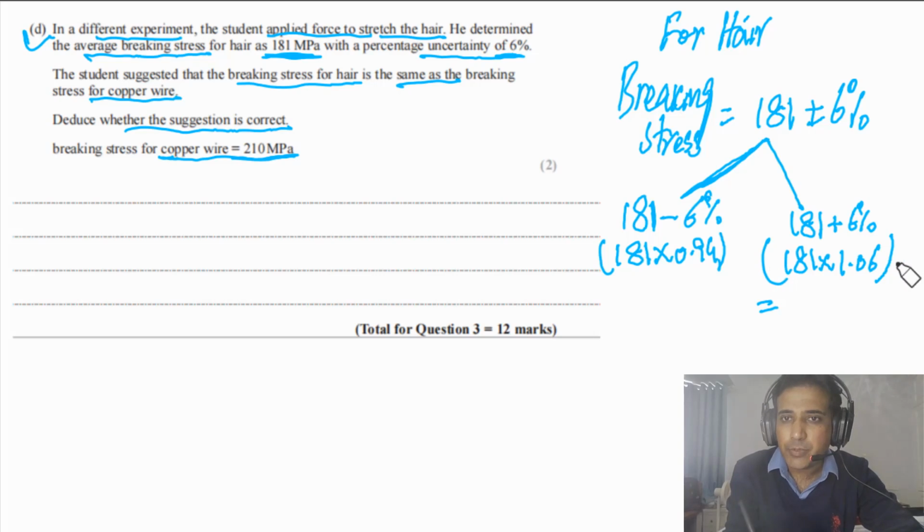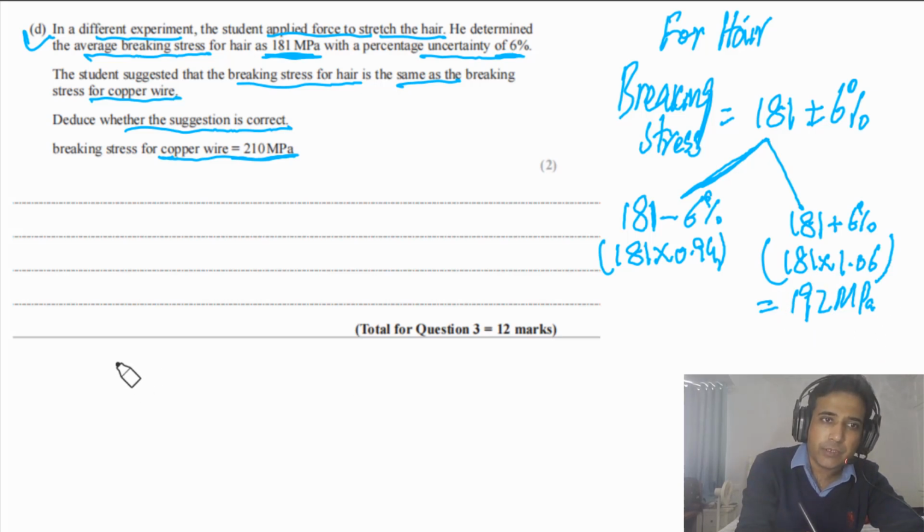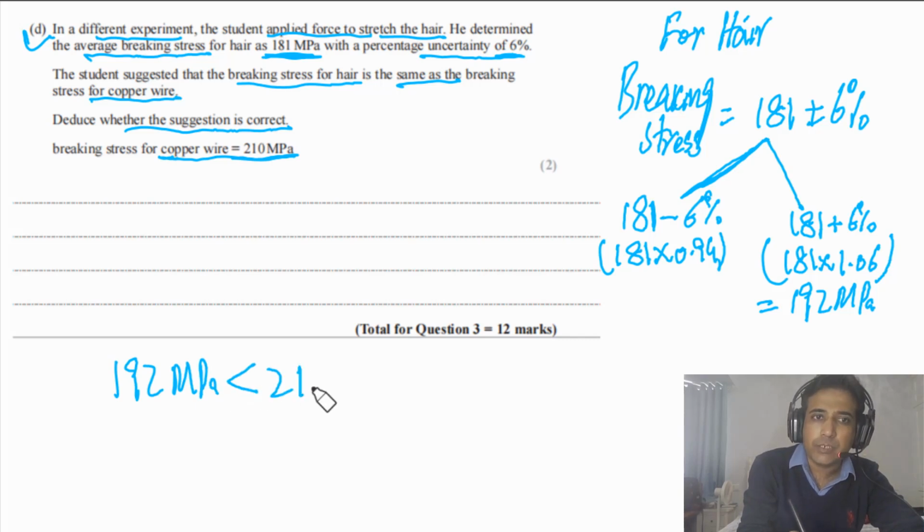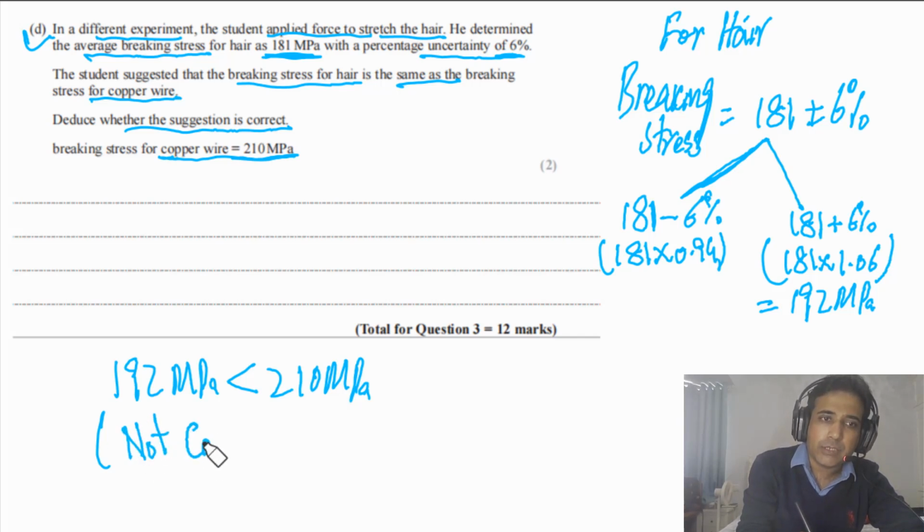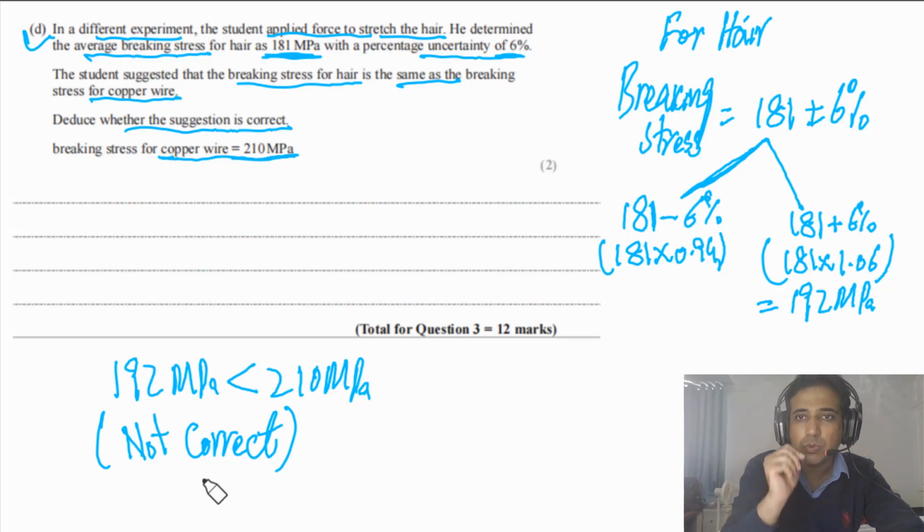If you multiply these two, you will get 192 megapascals. As this value is lower than 210 megapascals, it means the suggestion is not correct.